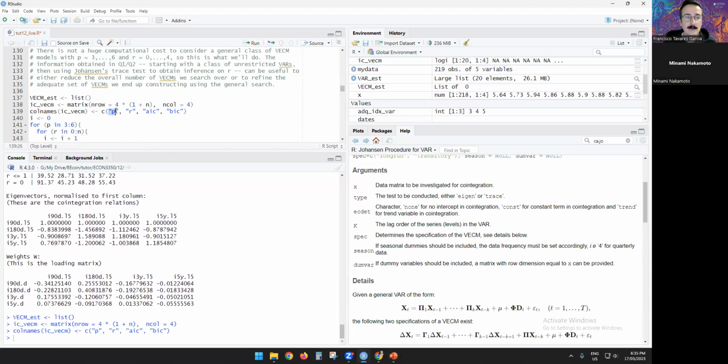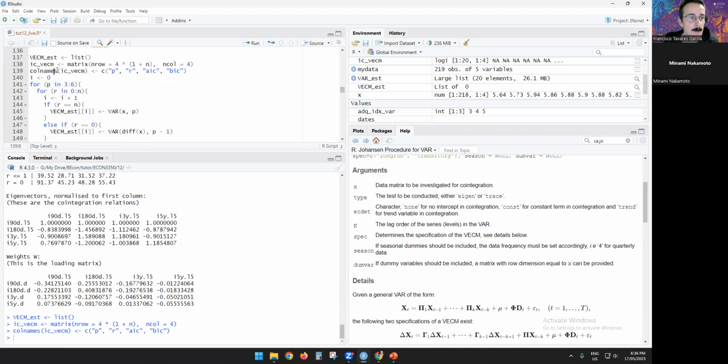We will have the amount of lags that we had in our VAR, but we will also have the rank for that VECM. So we will be considering VECMs with rank 0 until 4, and then we take the AIC score and BIC score.